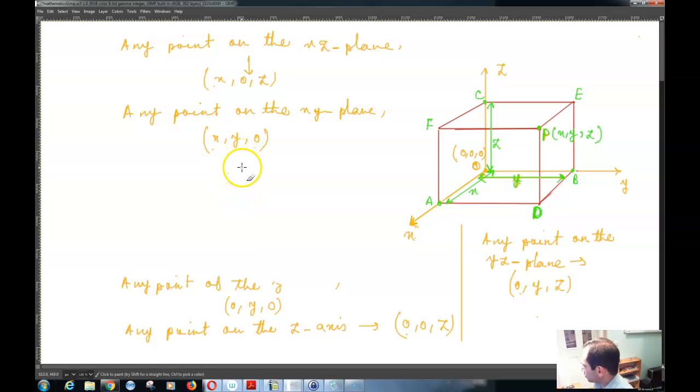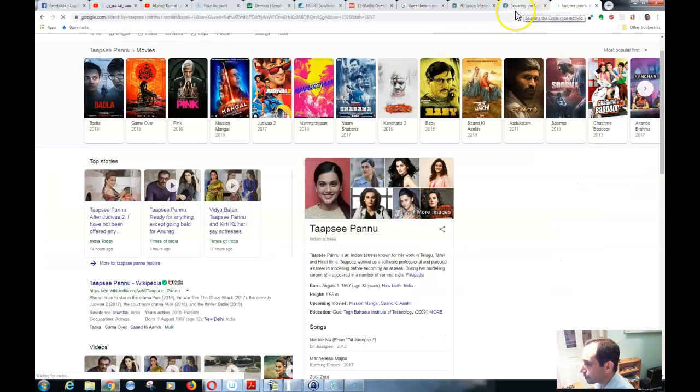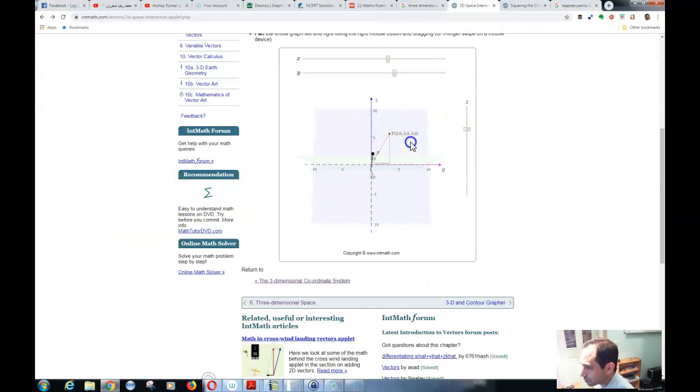And then the signs of the coordinates of a point determine the octant in which the point lies. Depending on which octant you're in, your X, Y, and Z are either going to be positive or negative. So for example, in the first octant, your X is positive, your Y is positive, Z is positive.